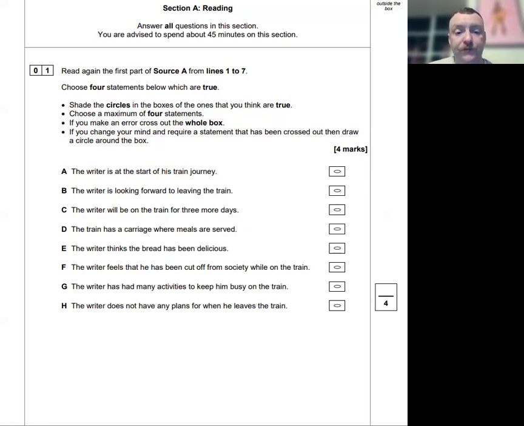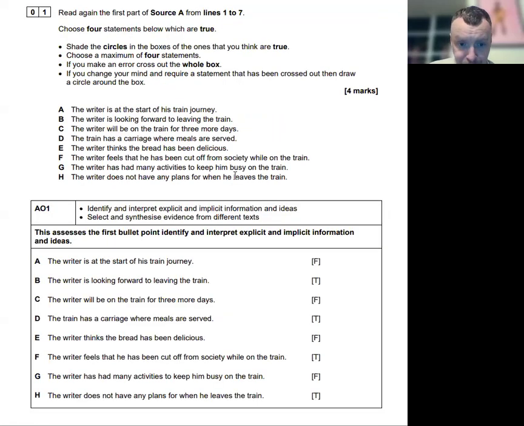What I will do as well to save some time, but also to give you the best examples of what the examiners have found through marking their exams, I will use the mark scheme.